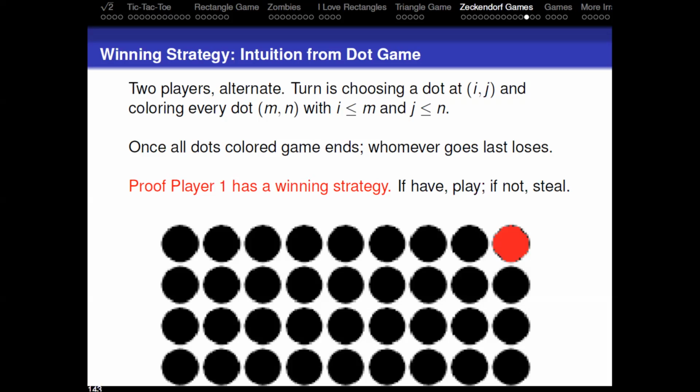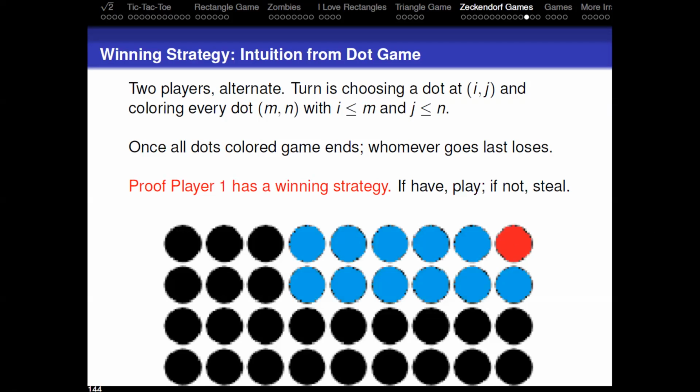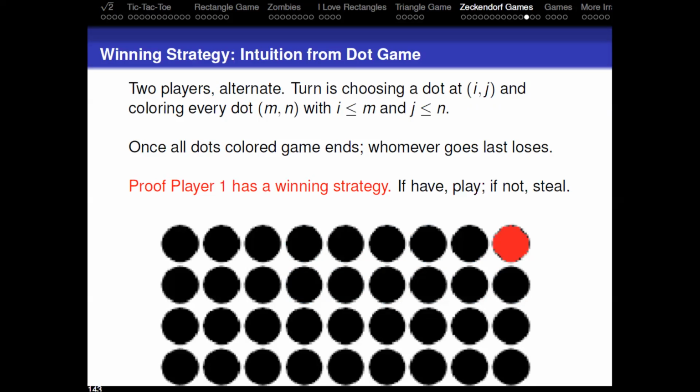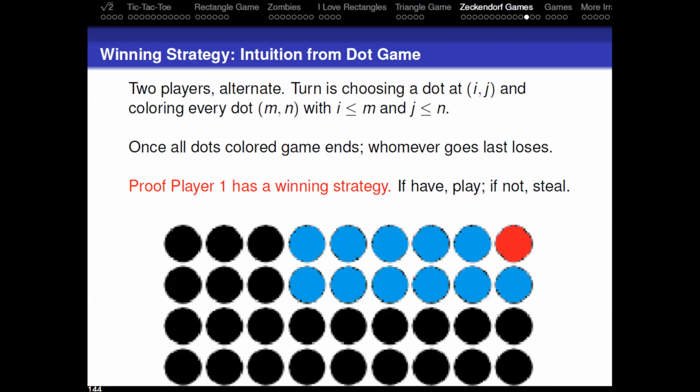So imagine player two has a winning strategy. So if player one goes here, there's some place for player two to go where player two would win the game. Let's say it's going all the way down over here and eating all these points. So what that means is from this configuration on, player one is dead, player two has the winning strategy. Well, instead of having player two go in the upper right corner for their first move, where should player one have gone for their first move?